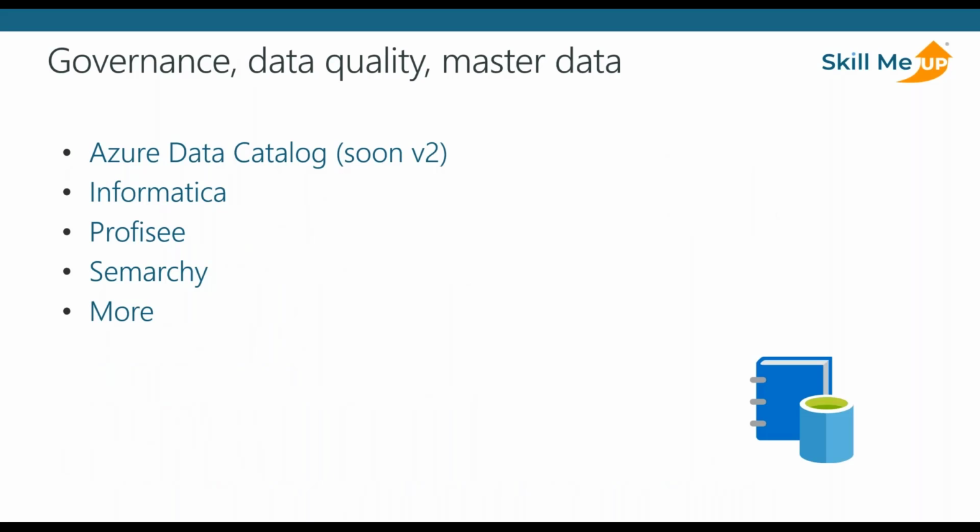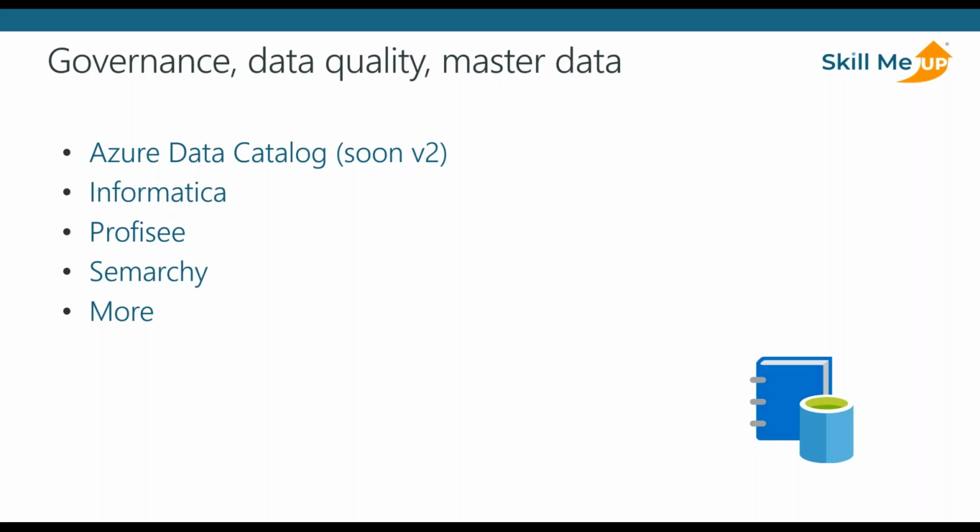And then the piece that gets left out far too often is the governance, data quality, and master data services. And there are quite a few really good third-party services out there. Azure Data Catalog is soon coming out with a version 2, which will have its own AI features and capability for auto detection of services that you're using, reports and metadata and a lot of information.